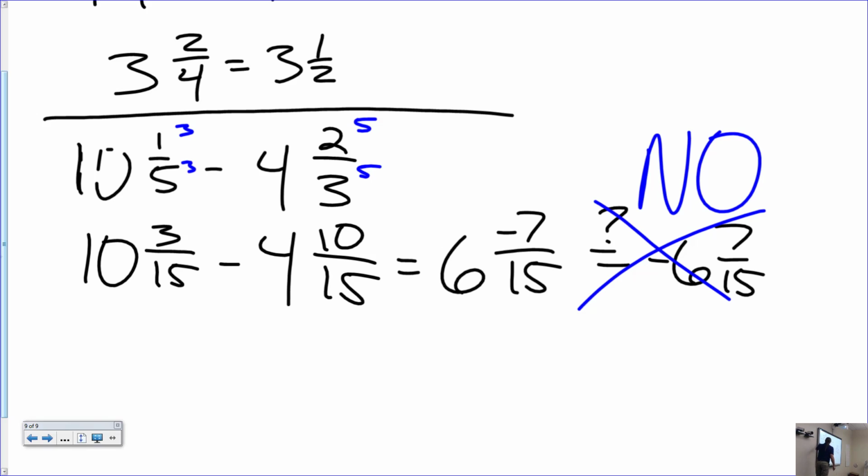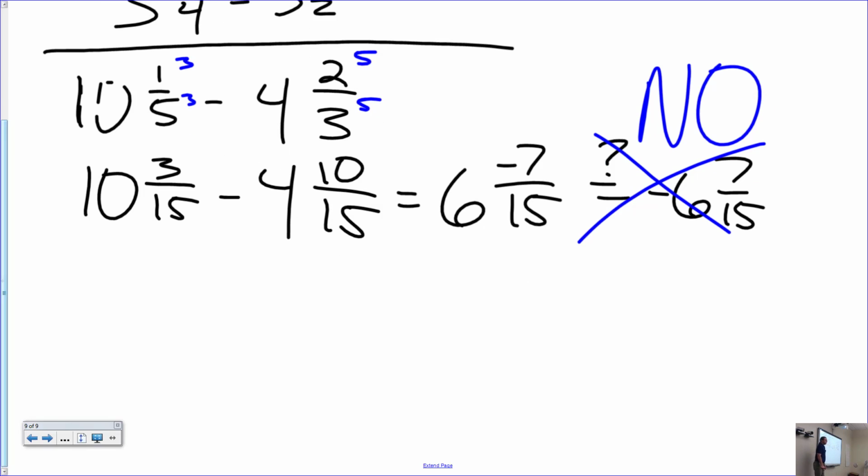All right, so how do we handle these negatives? Now, one way to fix it is to go improper. It is perfectly okay to make both of these numbers improper fractions and just subtract, right? How would you convert this to an improper fraction? What's 10 times 15? 150 plus 3. This is why sometimes going to improper is annoying, because the numbers can be really big.